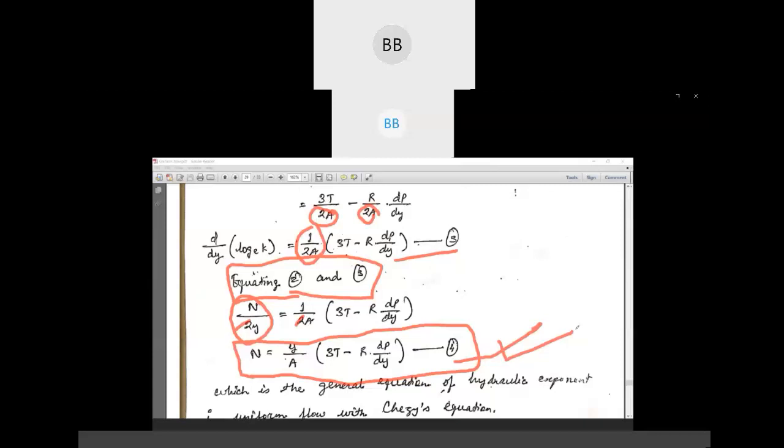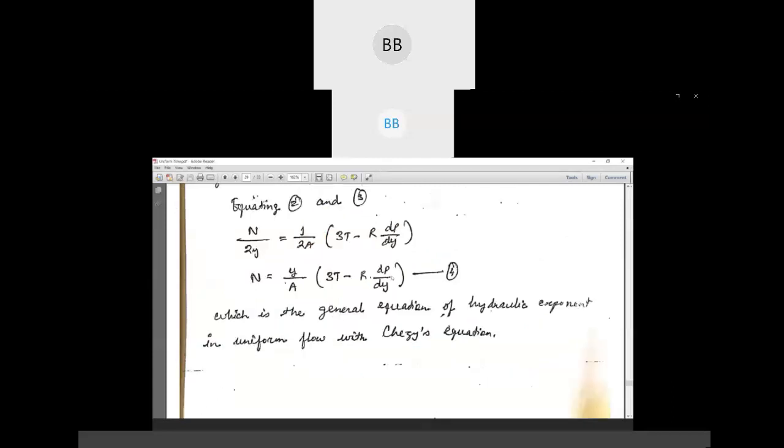So students, kindly go through the derivation. If you have any doubts, then we can discuss here. So ultimately you will get this expression, which is your general expression of hydraulic exponent in a uniform flow using Sedge's equation. That is equation number 4.